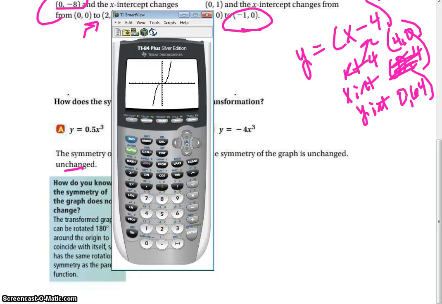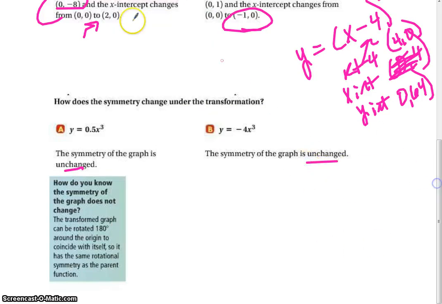So if you do y = -4x³, and you look at that graph, if you rotate it 180 degrees around the origin, it is also unchanged. All right, going to the next page.